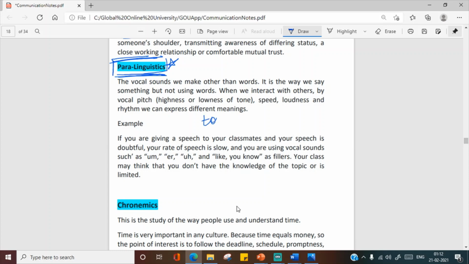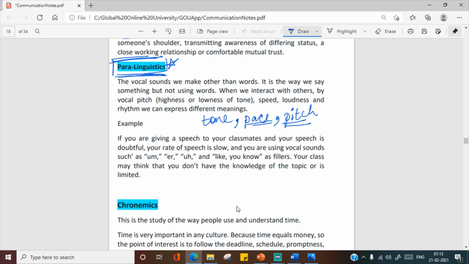The tone also matters, the pace also matters, the pitch also matters, whether it is high pitch or low pitch, and the rate at which the speaker is speaking. All these things come under paralinguistics. They are the vocal sounds we make other than words. It is the way we say something, not the words.